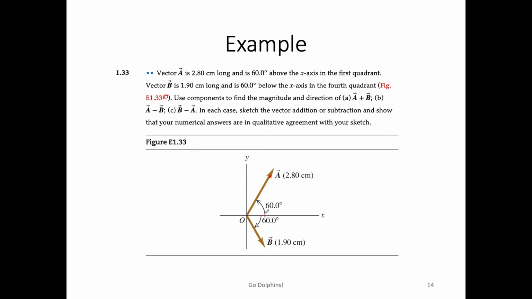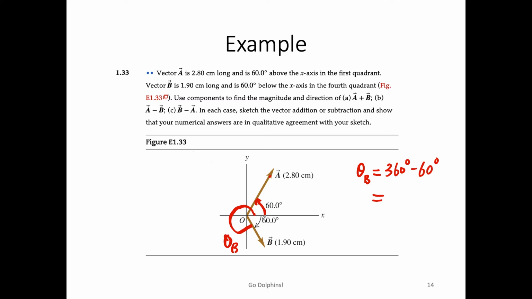So the angle of A is easy, starting from 0, 60 degrees. But if you use the convention that I always recommend, you start from 0, you go all the way to B. This is the angle of B. And in such a way, theta B should be 360 degrees subtract 60 degrees, right?